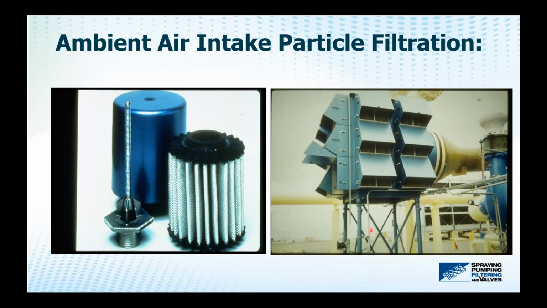As illustrated here, you'll notice that typically these units are at an elevated position. We try to keep them at least 10 feet or higher above ground level to minimize the potential of particulates being drawn in. Also, there are baffles to prevent rain, snow, or other contaminants from entering the air inlet filters. So that's the standard basic air inlet filter concept.